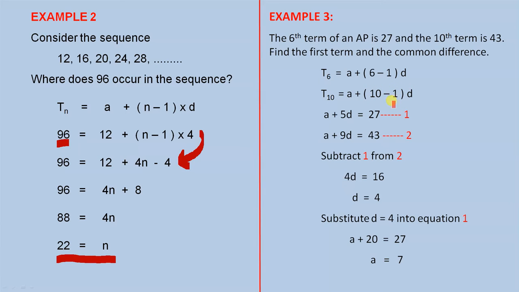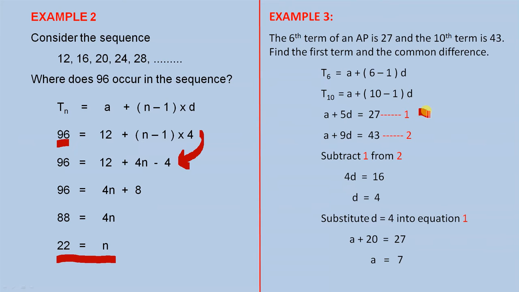Now we know that T6 is 27, so from the first equation, that's a plus 5d there. So a plus 5d equals 27, because the 6th term is 27, and a plus 9d equals 43, because the 10th term is 43.